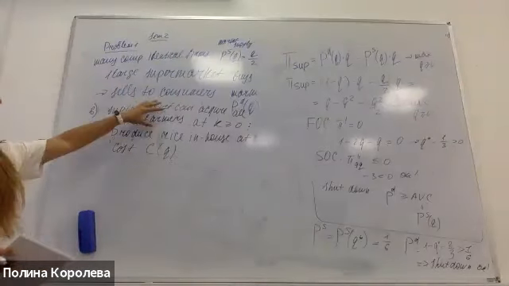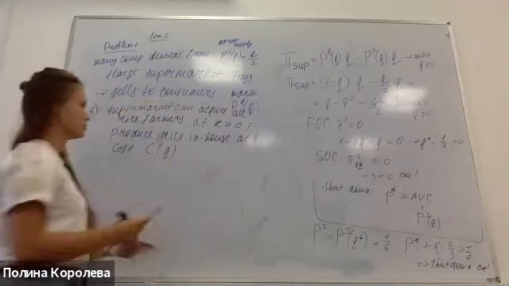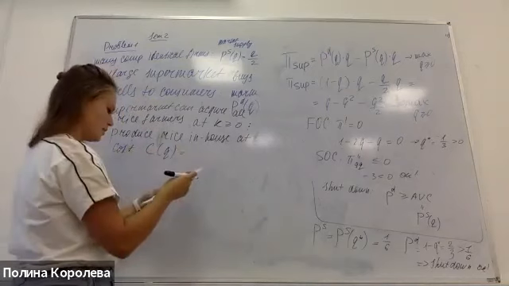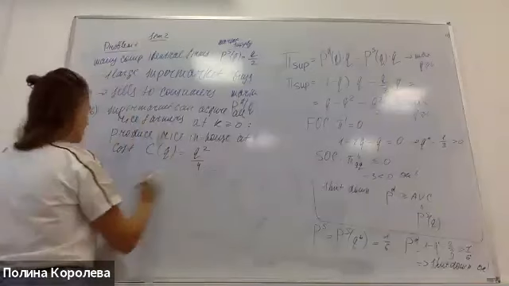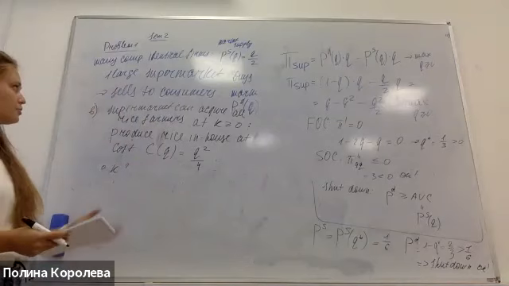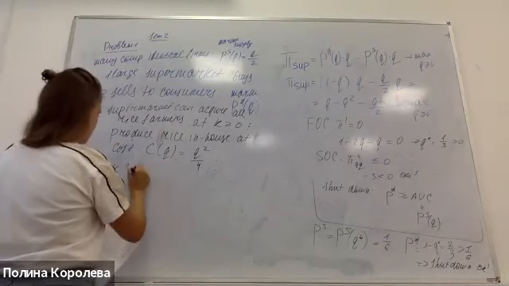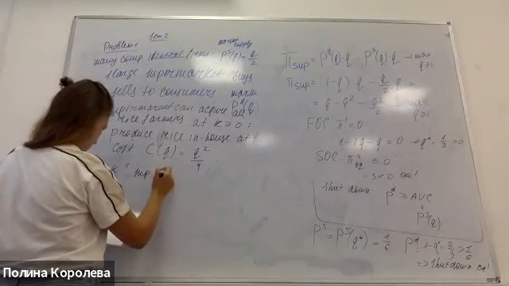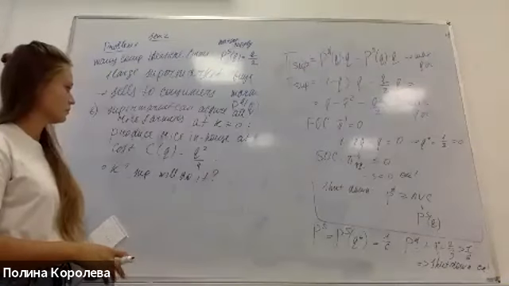If we don't have farmers and produce by ourselves, we will have a total cost function, and it will be q squared divided by 4. And our question: for what K will it be profitable for the supermarket to buy all rice farmers? The supermarket will do it. Excuse me, is the cost function equal to q squared over 4 or over 2?